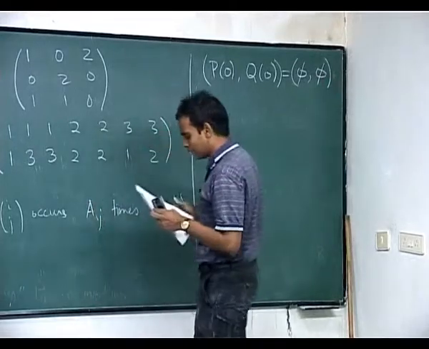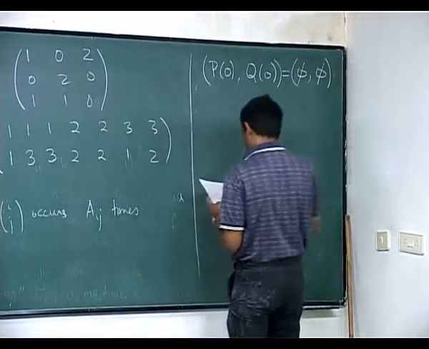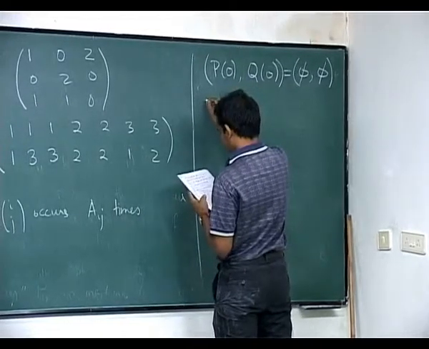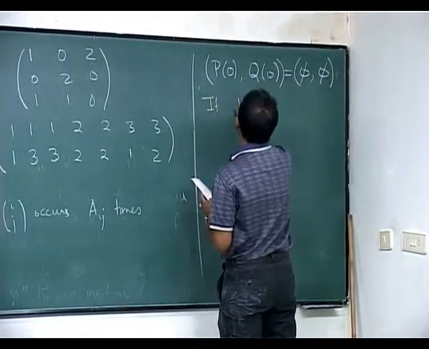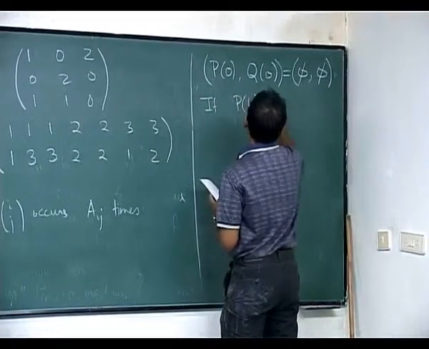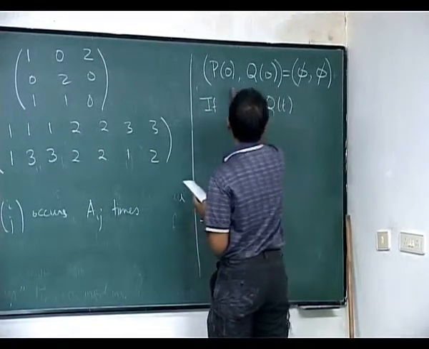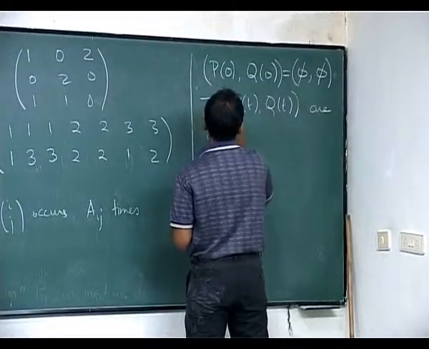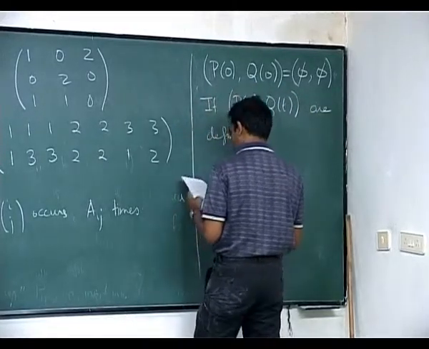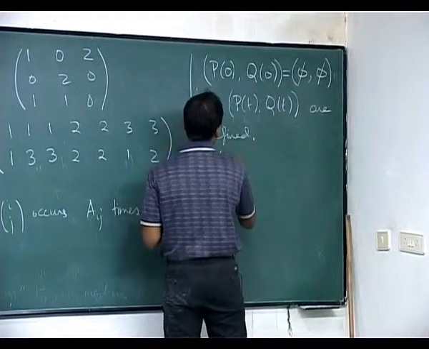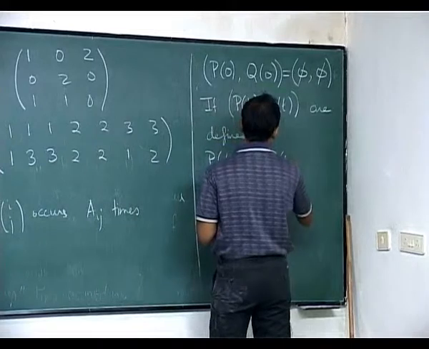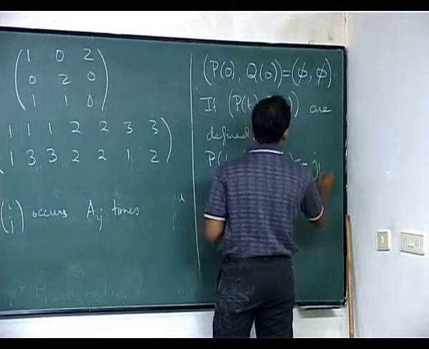And then you start, it's an inductive process. If Pt and Qt are defined, then you define Pt plus 1 to be Pt with Jt plus 1 inserted.